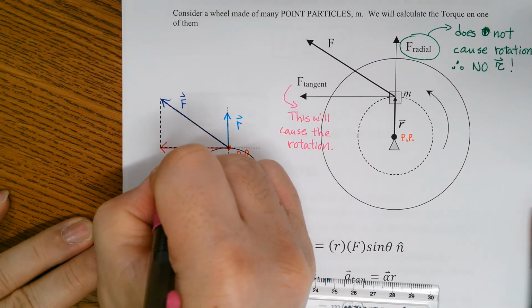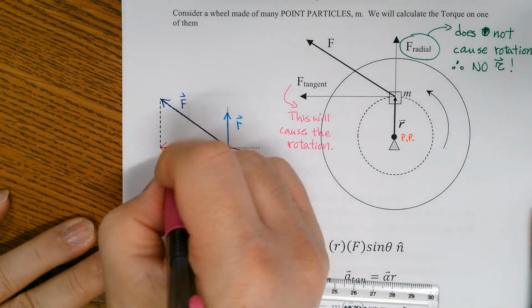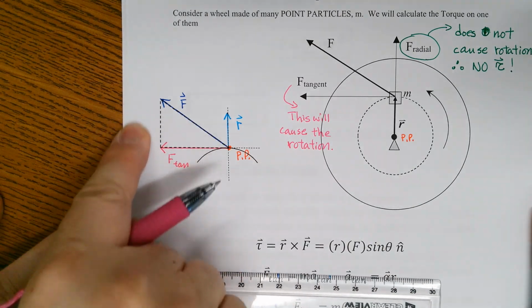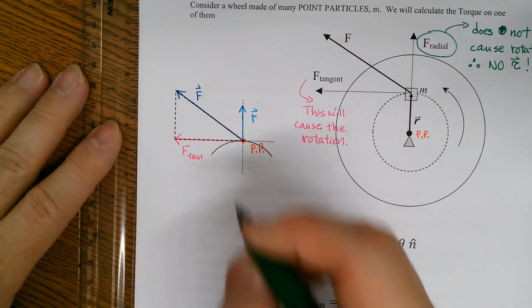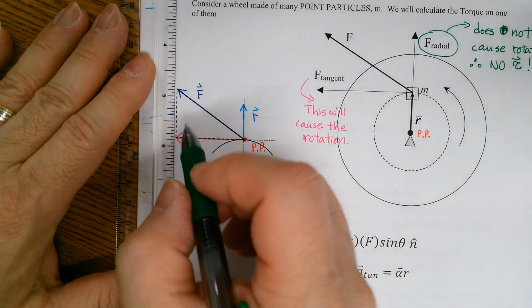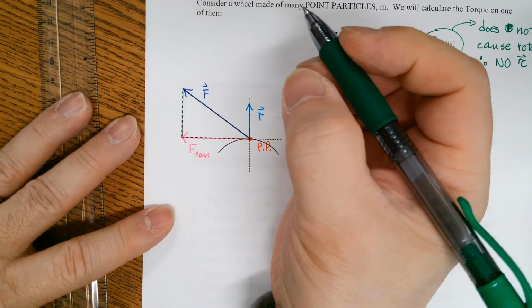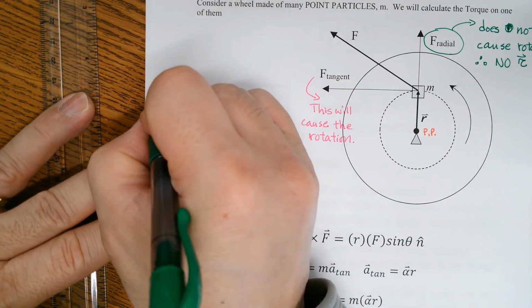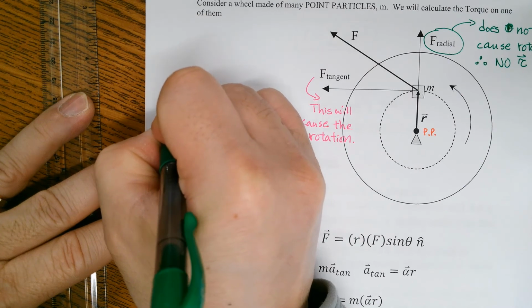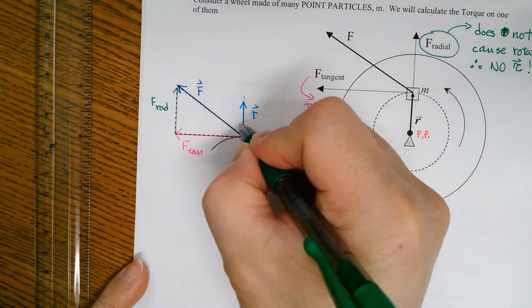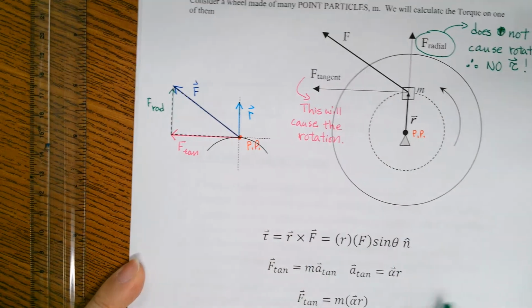This is F tangential, and this is F radial. If you want to, you can write that in there, but that's not really going to do anything. So what is this angle right here between R and F?